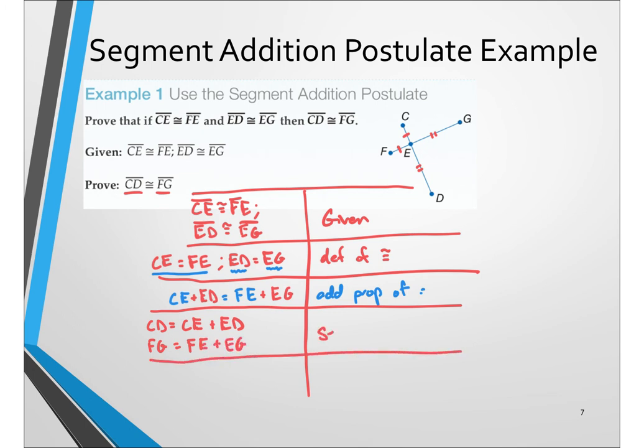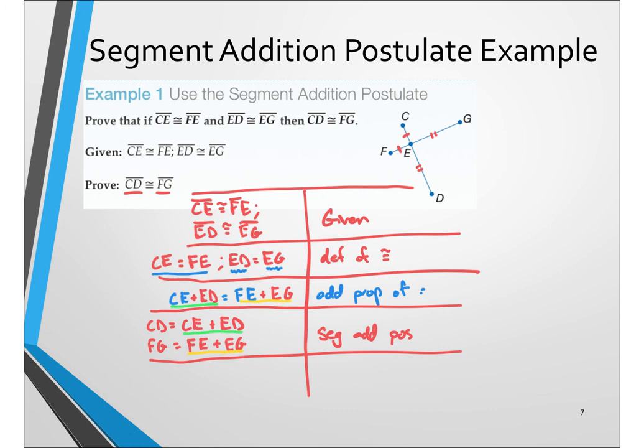All right, this is the segment addition postulate. Okay, notice how this is the exact same thing as this, and notice how this is the exact same thing as this.